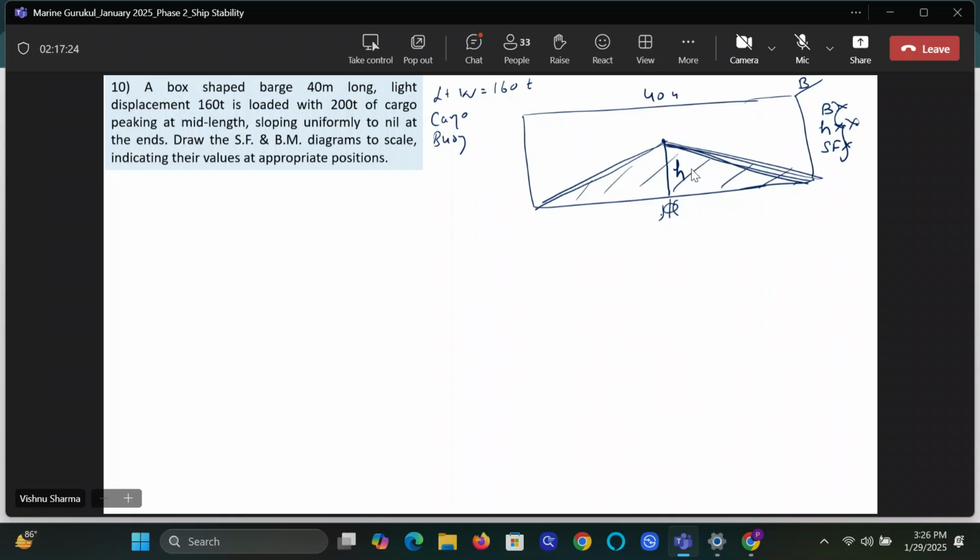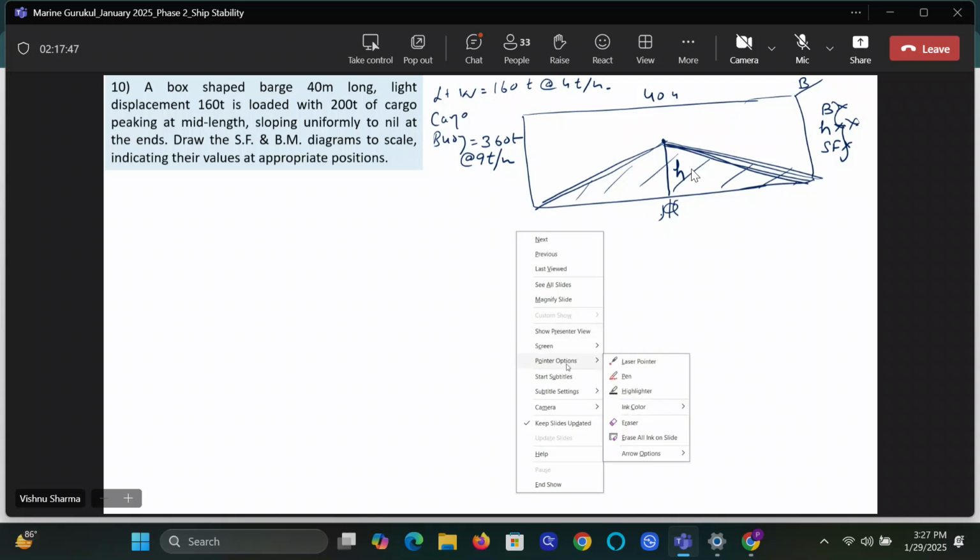And if cargo is 200 tons and light displacement is 160, then buoyancy will be 360 tons, at 9 tons per meter. Light displacement will be 160 tons at 4 tons per meter, guys. Am I right? Yes or no? Yes, sir.